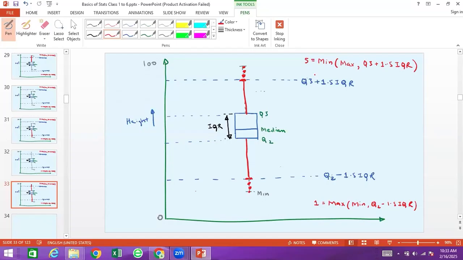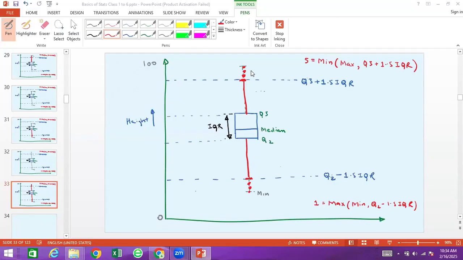So box plot helps us detect outliers. That is the usage of box plot. Or we can say it's the other way around as well. First, you have created a definition of outlier yourself. You said anything greater than Q3 plus 1.5 IQR, I will be considering it as an outlier, and I will be presenting it like this.